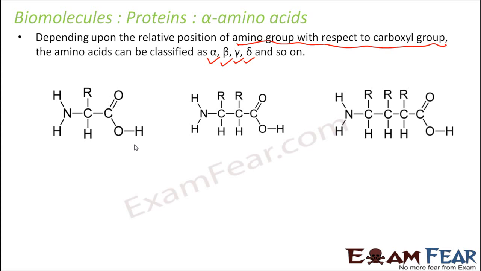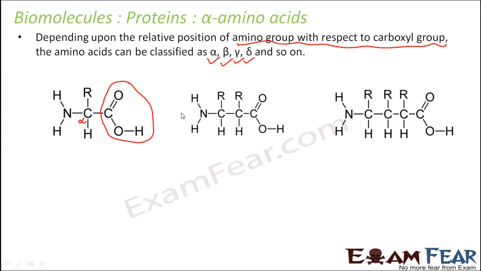So how do we classify them? Let us suppose this is your carboxyl group. Wherever you have the carboxyl group, just forget about that carbon atom. The next carbon atom which is attached immediately to the carboxyl group, this carbon is your alpha.